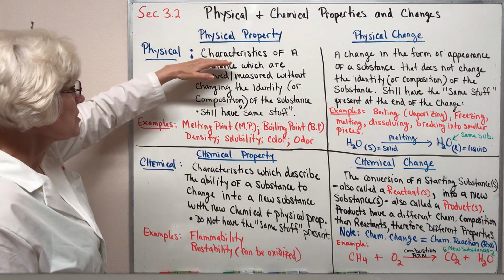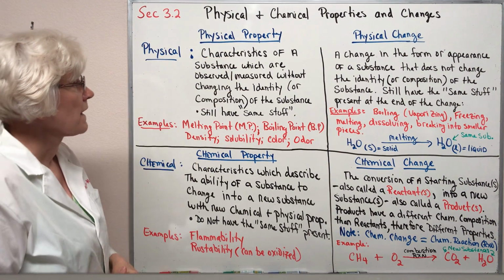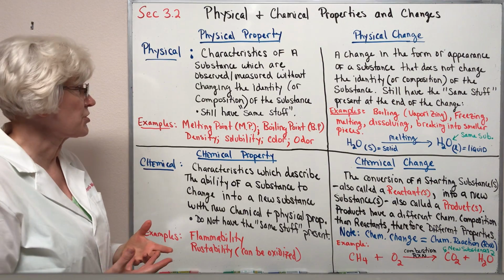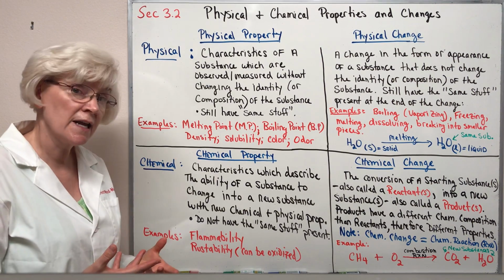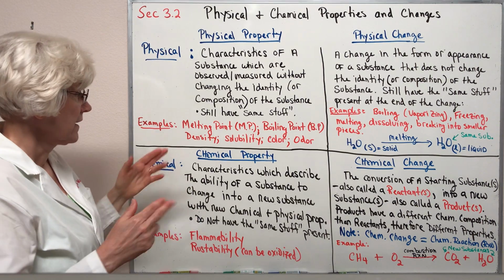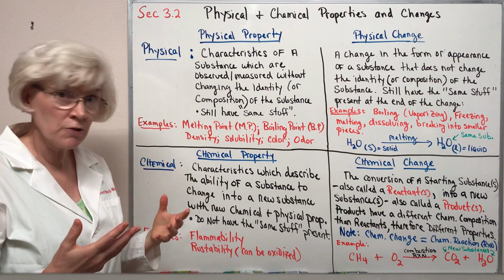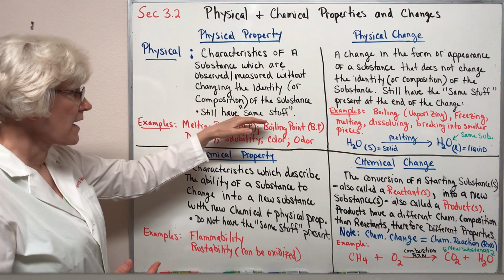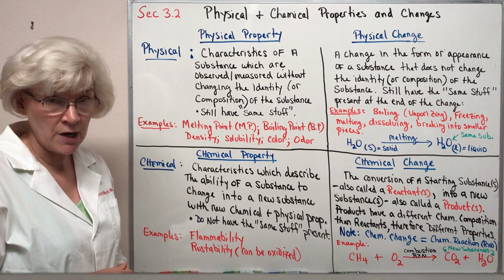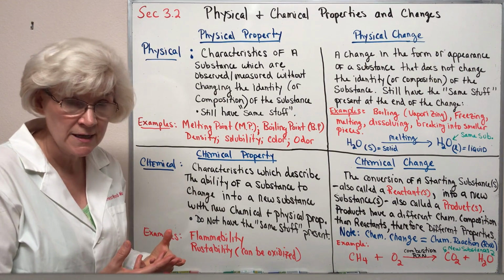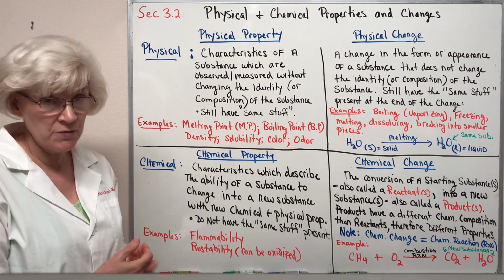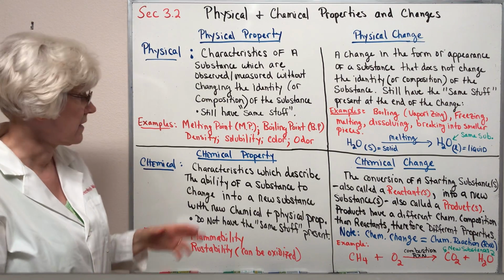A definition of physical properties is characteristics of a substance which can be observed or measured without changing the identity or the composition of the substance. In somewhat colloquial language, you still have the same stuff when you are looking at a physical property. You can measure it and still have the same stuff present as you make the measurement or observation.